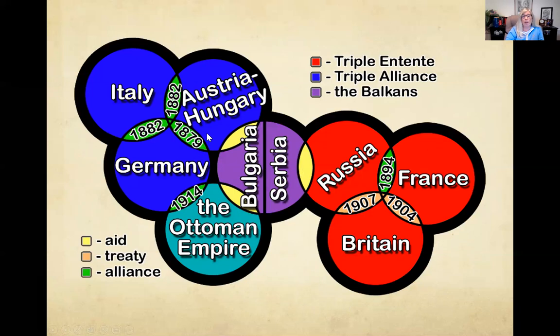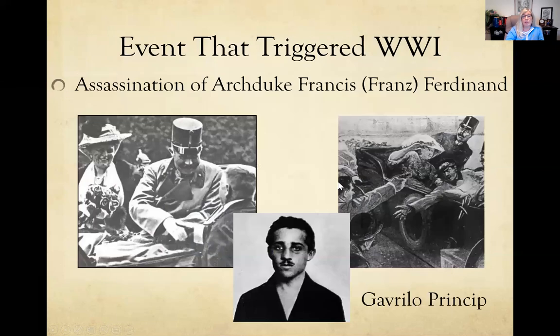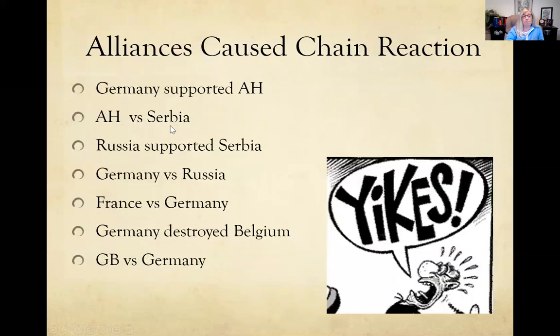And so when they are not getting the answers that they want from Serbia, Austria-Hungary is going to declare war on Serbia. And so as a result, Russia, who's in an alliance with Serbia, declares war to support Serbia. And so Germany, to support Austria-Hungary, declares war on Russia.